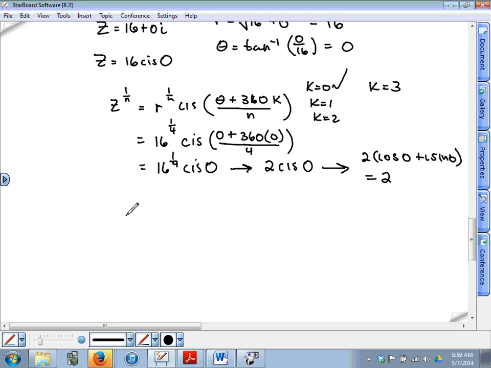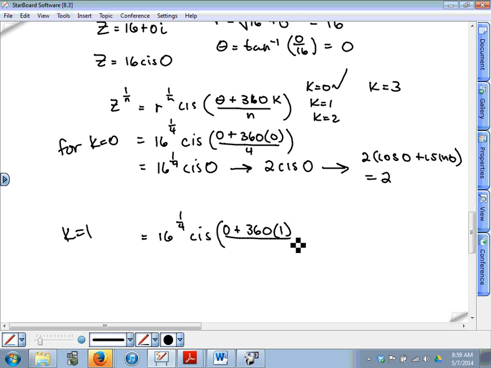Now we got to do one for k equals 1. So we run back through it again. This is for k equals 0. Let's do it for k equals 1. 16 to the 1/4 CIS 0 plus 360, but instead of multiplying 360 by 0, what are we multiplying it by this time?